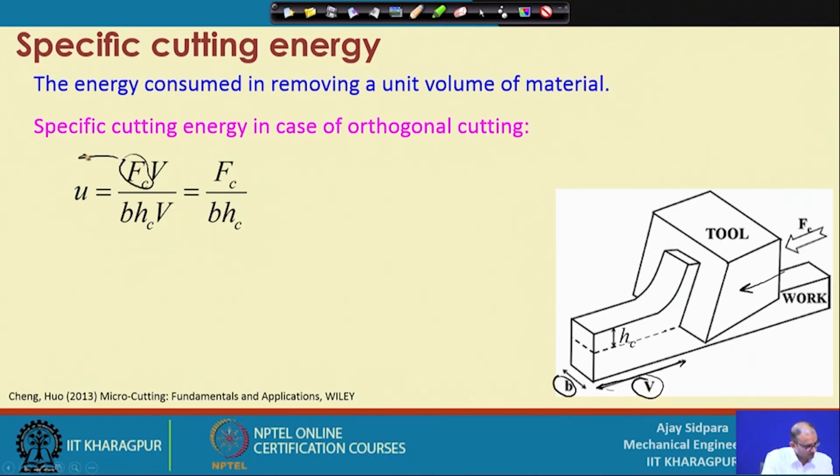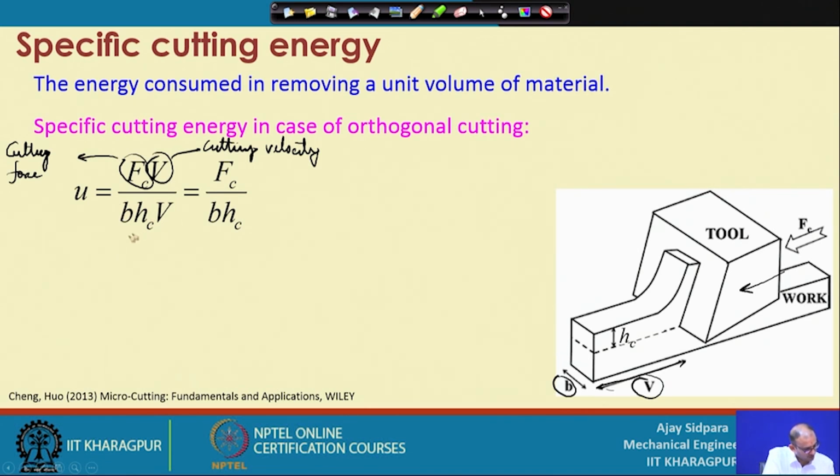So, Fc is the cutting force, this is the cutting velocity, and this is the BH.